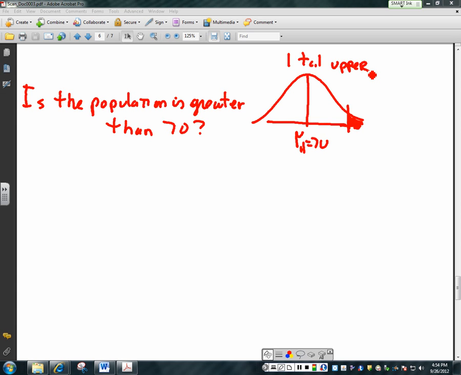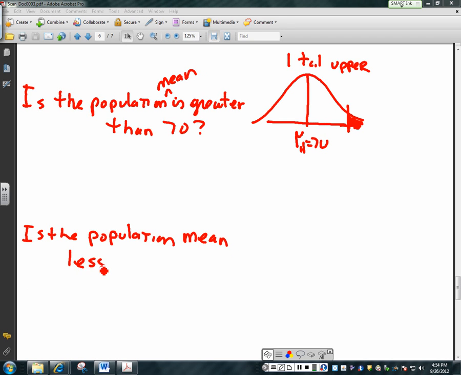By contrast, if we said, is the population mean less than 70?